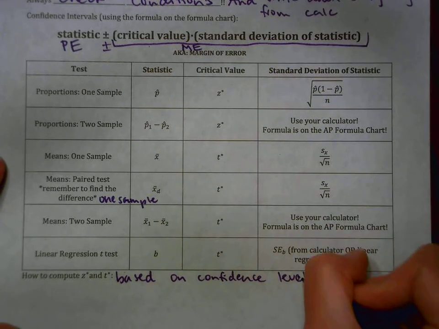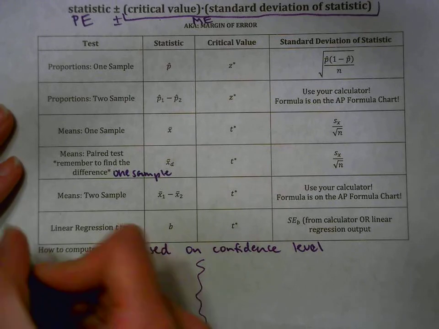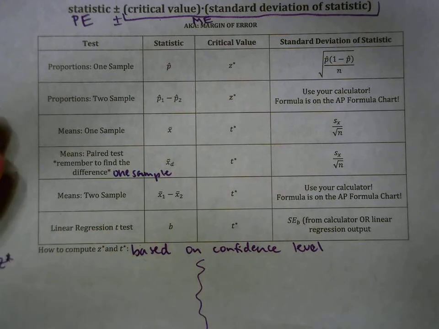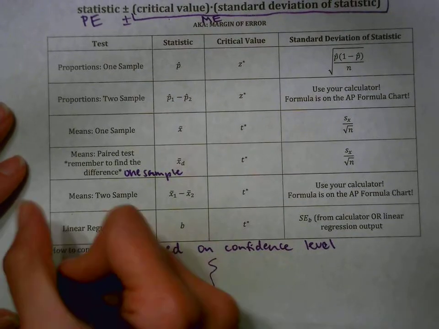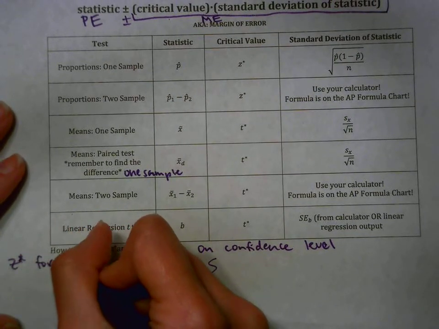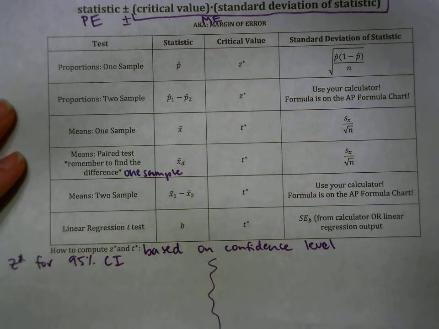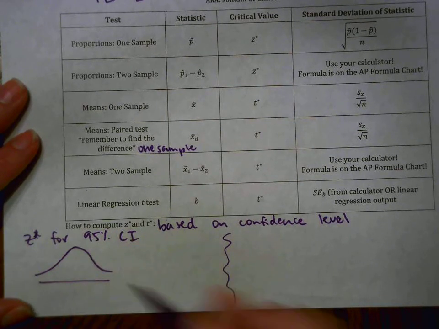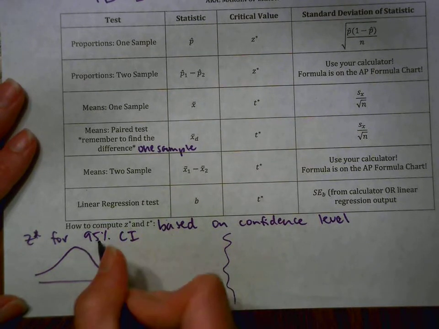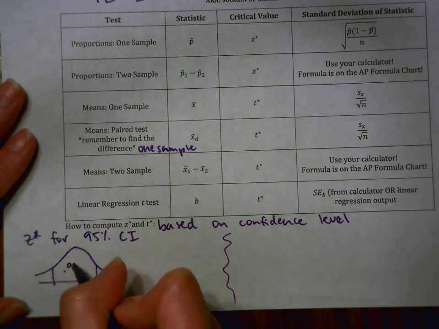So this is not on your formula chart. This is just something you have to know. Let's say we'll do Z and T. If you're looking for Z star, the critical value for a 95% confidence interval, then you would set up your normal distribution, and because it's 95% confidence, you want 95% in the middle.